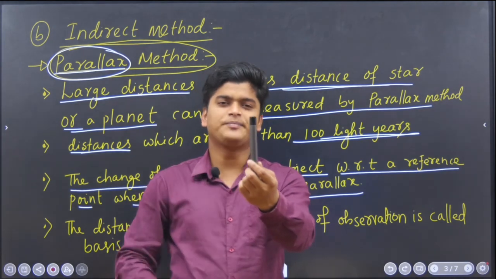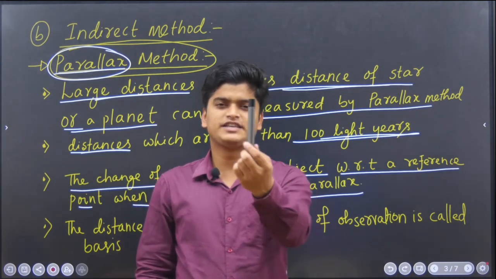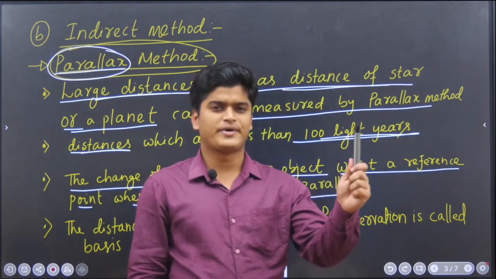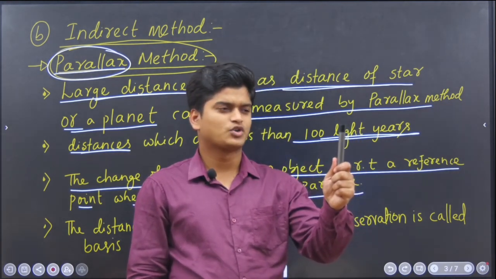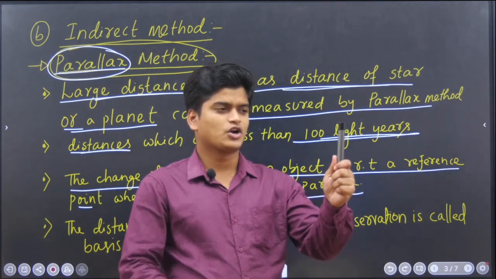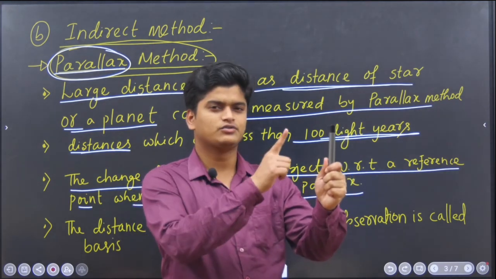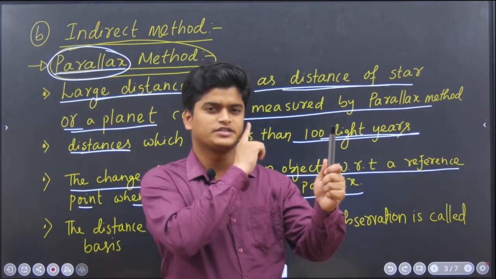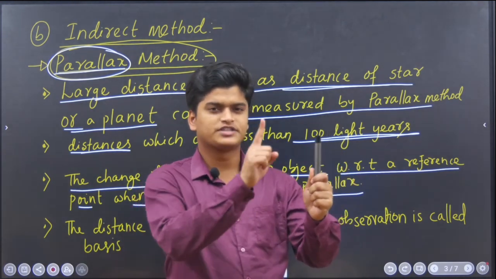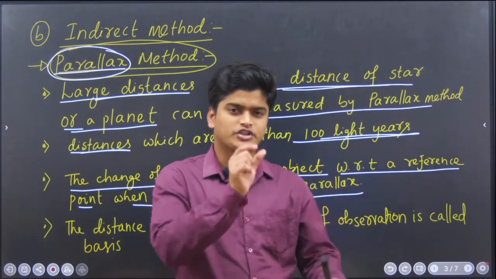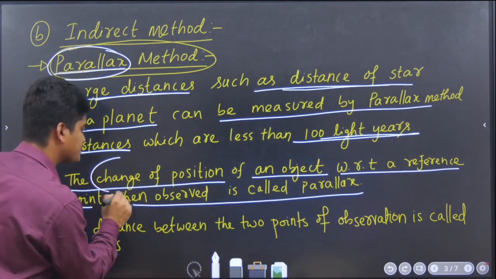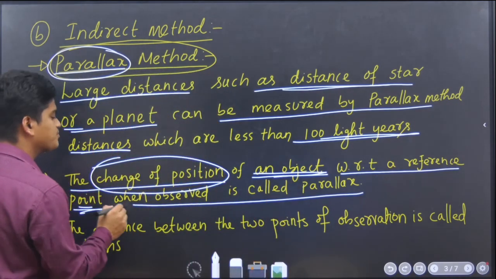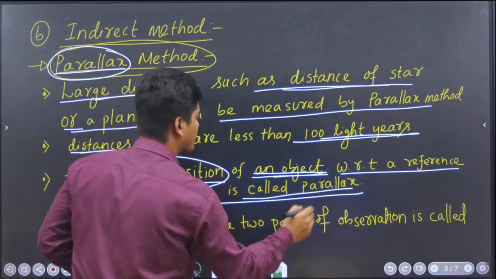If I keep doing that, you will see the pen moving this way. You can observe this also. Keep your pen straight, hold it tightly, close one eye and see with the other eye. Again close this eye, see with the other eye. Then you will see the pen shifting. That is the change of position of an object with respect to a reference point, called parallax.